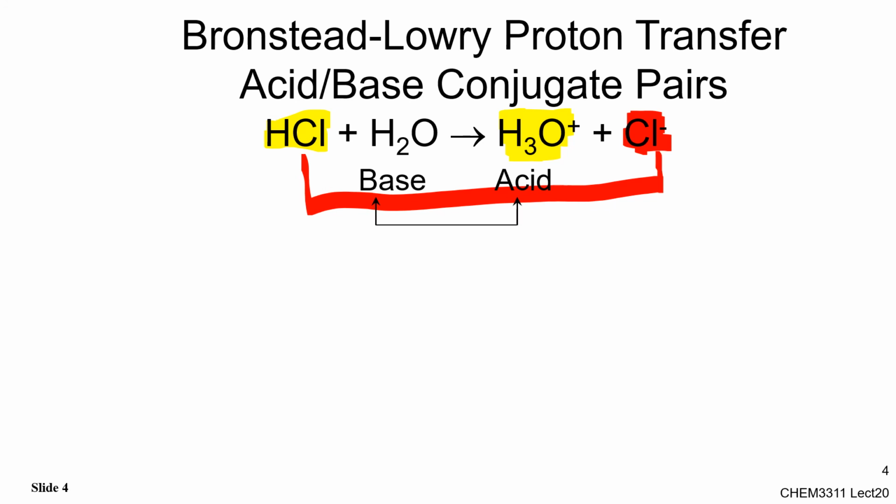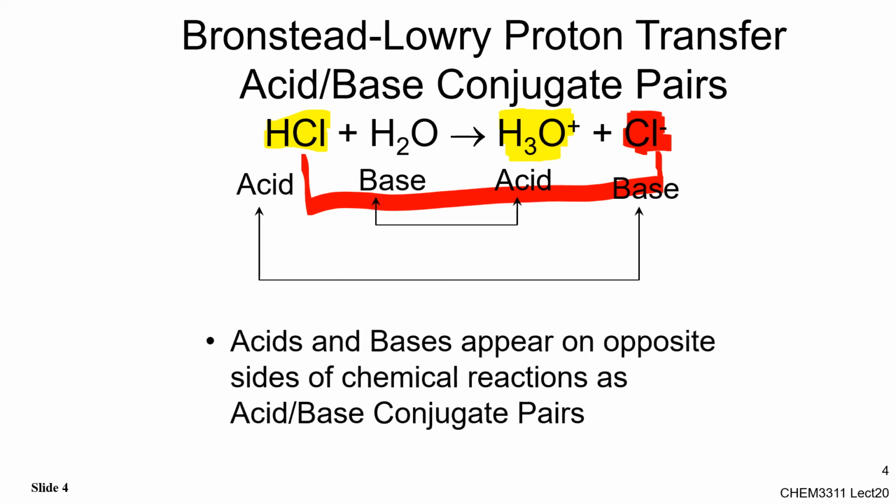So water's acting like a base because it's accepting a proton, and HCl is the acid in the reaction because it's the proton donor. And its conjugate base is chloride, and the conjugate acid for the base water is hydronium ion. Acids and bases appear on opposite sides of the chemical reaction as acid-base conjugate pairs.